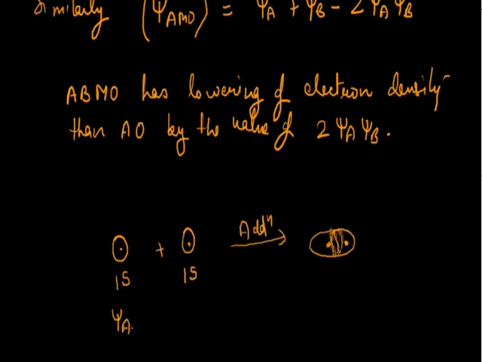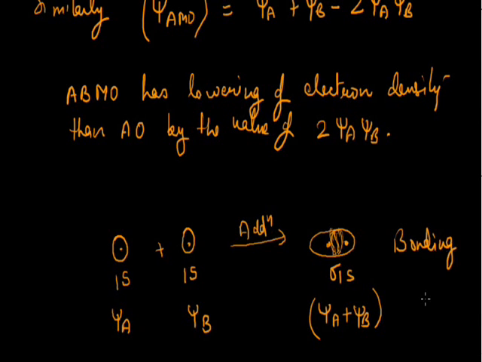So this is xi A, this is xi B, then this is xi A plus xi B, and such an orbital is the sigma 1s orbital, called the bonding molecular orbital.